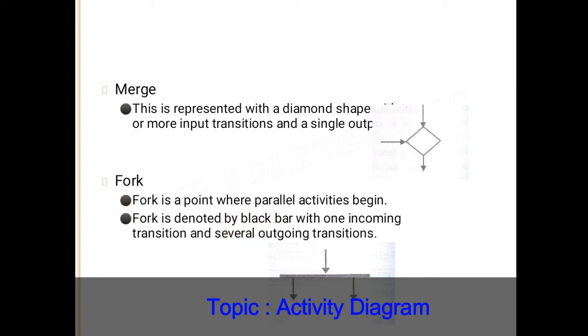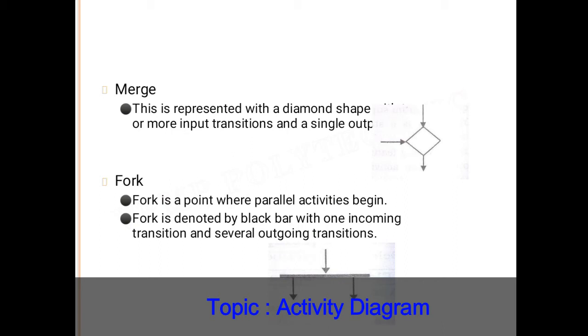This thick line filled with black color is known as a black bar, with one incoming transition and several outgoing transitions. So always one incoming and two or more outgoing transitions with a black bar, and this symbol is known as a fork symbol.